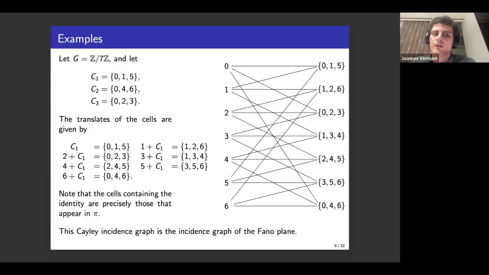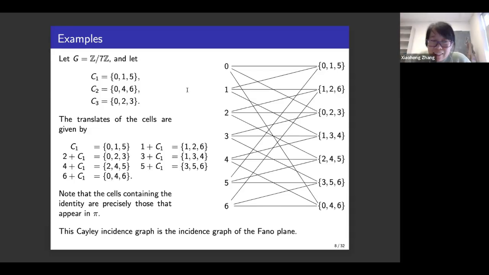We can take the union of all of the group elements in these cells, and then we get some set S. And if we take away the identity from this set, so here it would be 1, 5, 4, 6, 2, 3, and we look at the Cayley graph for this set S, then we can get the spectrum of the Cayley incidence graph based on the spectrum of the Cayley graph.